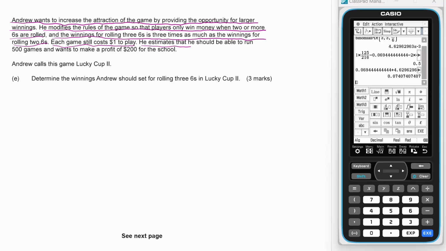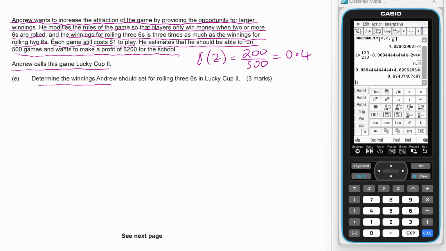He estimates that he should be able to run 500 games and wants to make a profit of $200 for the school. So the expectation for the winnings now is going to be 200 out of 500 games, which is 0.4. Andrew calls this game Lucky Cup 2.